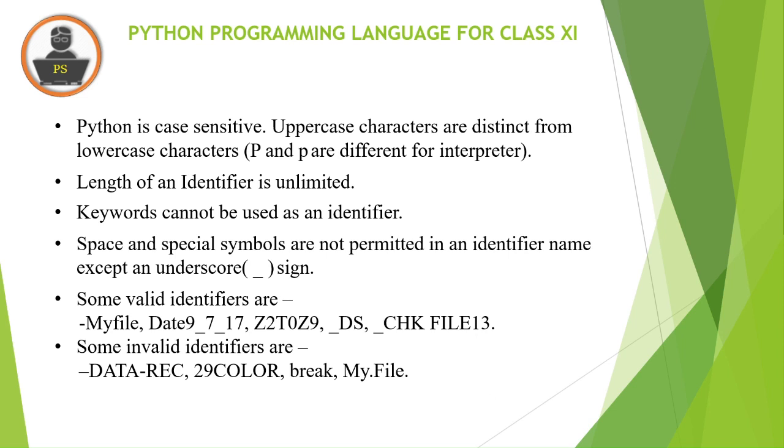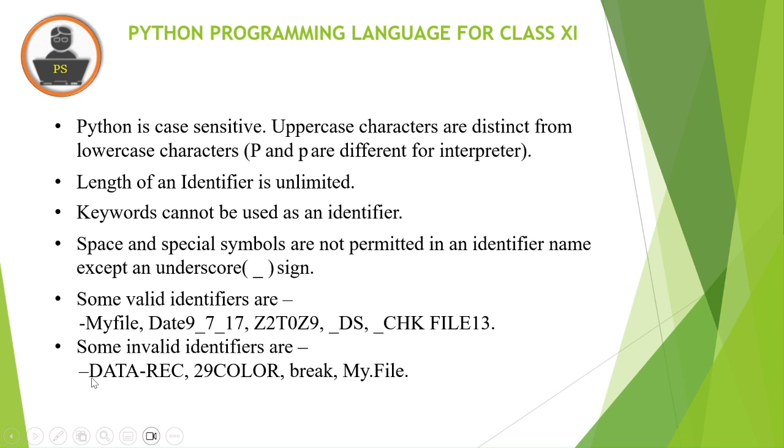Now some valid identifiers are here. You can see there my file underscore, I have used there underscore, sorry, this is dash na, so it is valid. Suppose I have used Z2, date underscore, these are valid ones.